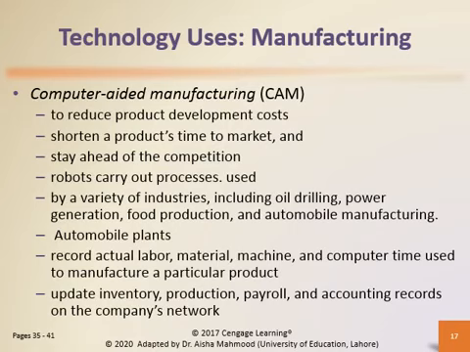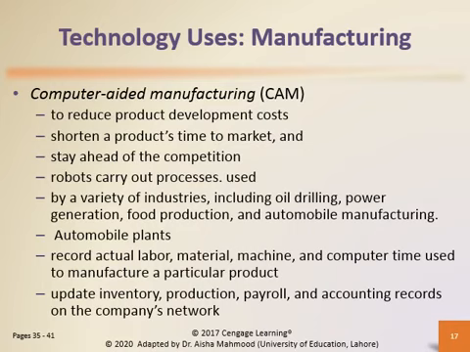CAM is used by a variety of industries, including oil drilling, power generation, food production, and automobile manufacturing. Automobile plants, for example, have an entire line of industrial robots that assemble a car.